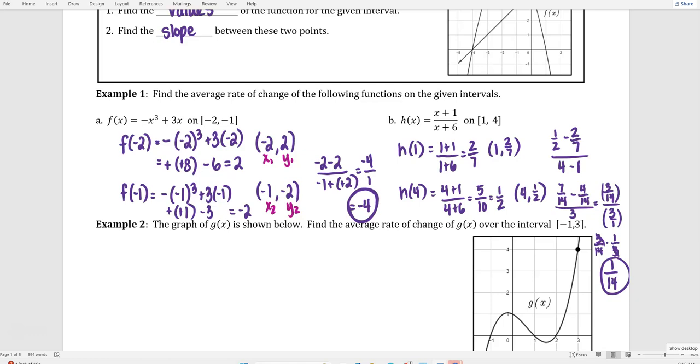You're close. Where are you at? Okay, common denominators. Got to get common denominators. Doing pretty good.